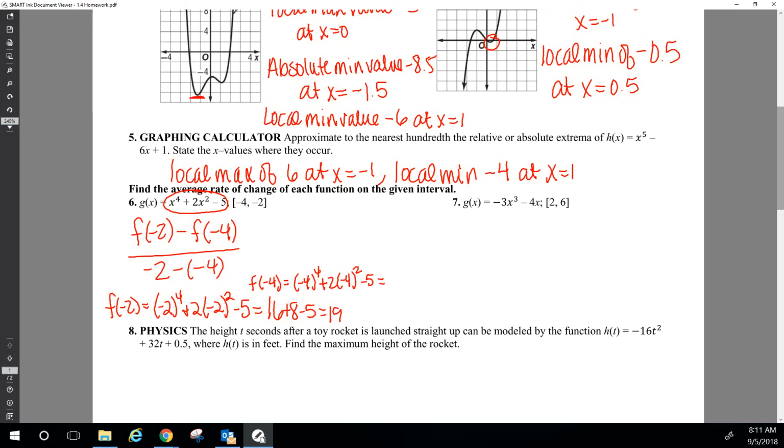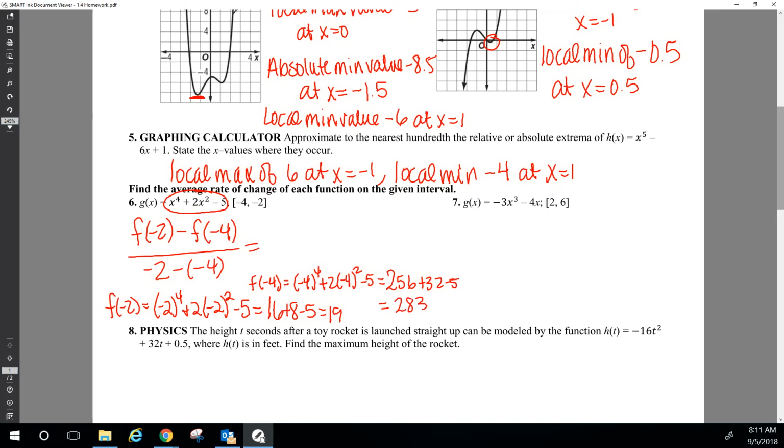That'd be 256. So -4 to the 4th would be positive 256. 4 times 4 is 16, times 2 is 32, minus 5. So 256 plus 32 is 288, minus 5 would be 283.